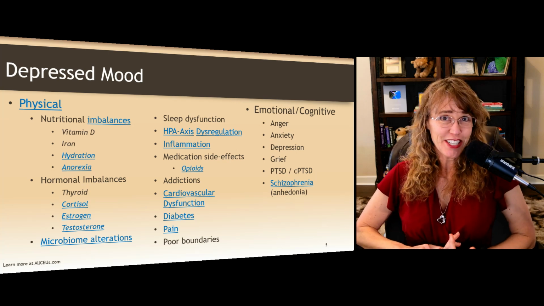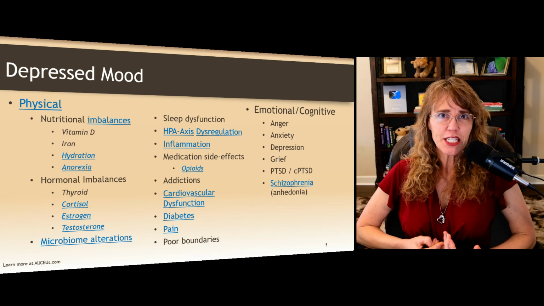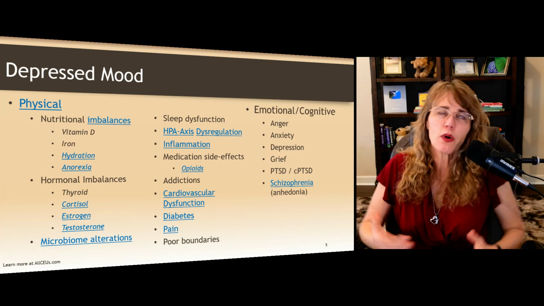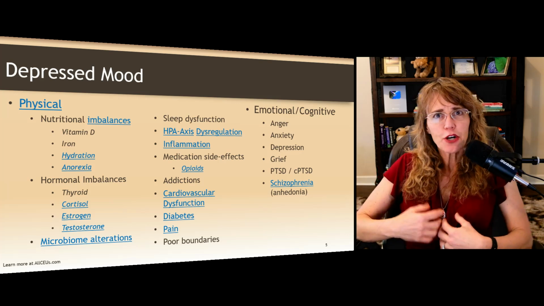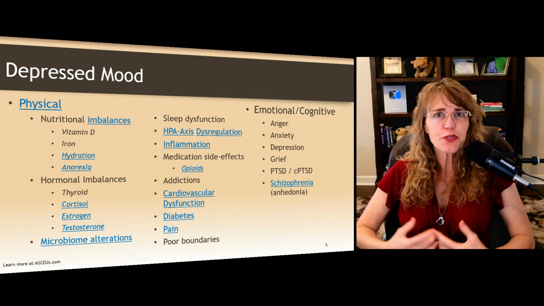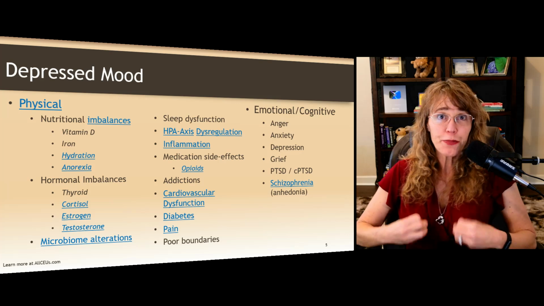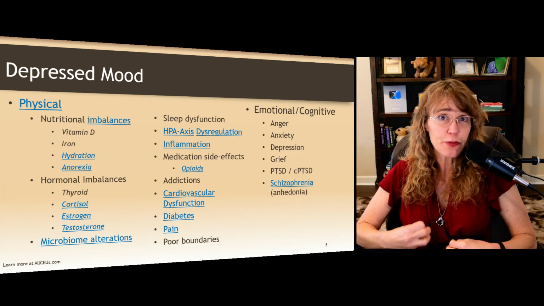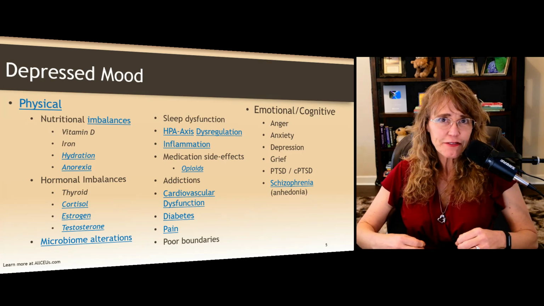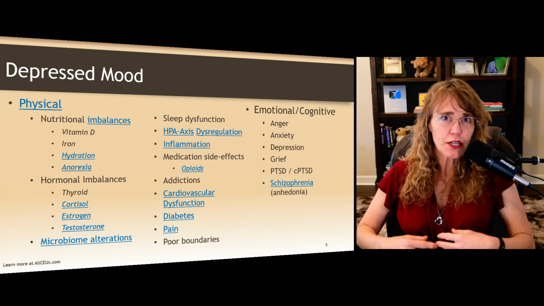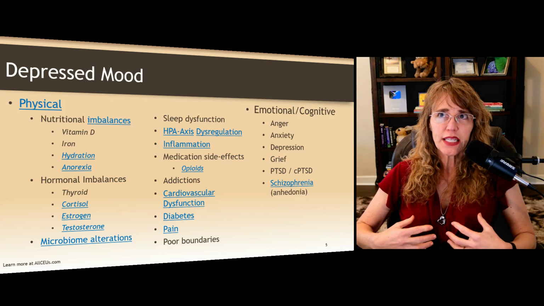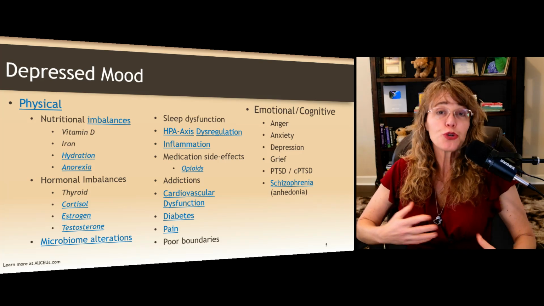Microbiome alterations are another cause of depressed mood. When you eat food, well, that's wonderful. It goes into your gut and is broken into its component parts that are going to be used to make the hormones and neurotransmitters. Now, the staff in your gut microbiome that's on duty is the staff that correlates to your mood.